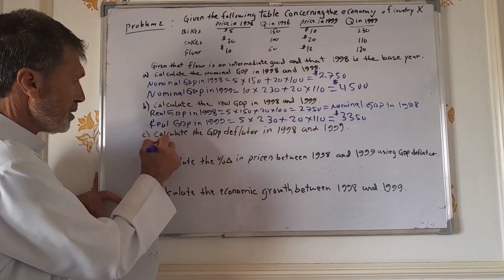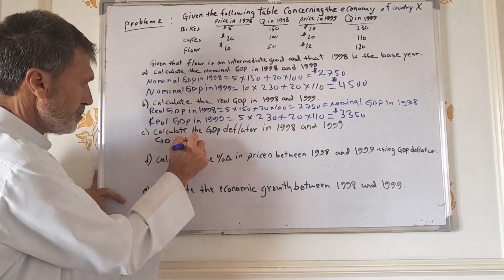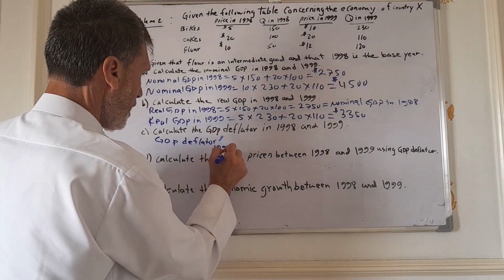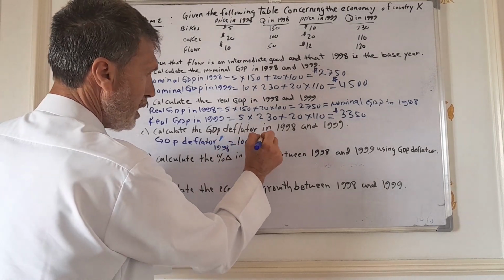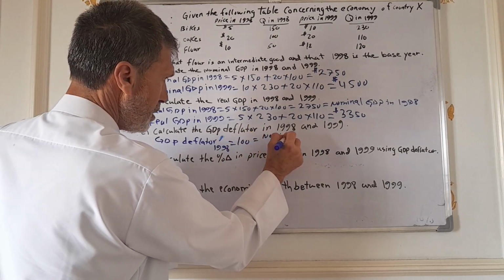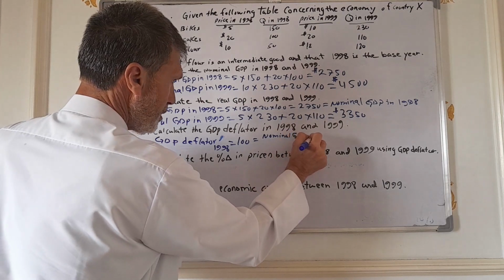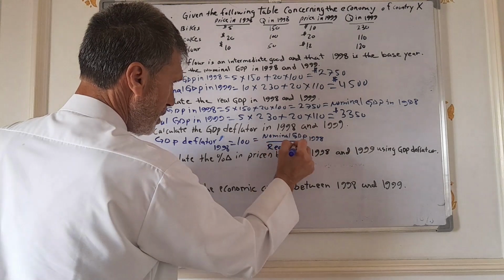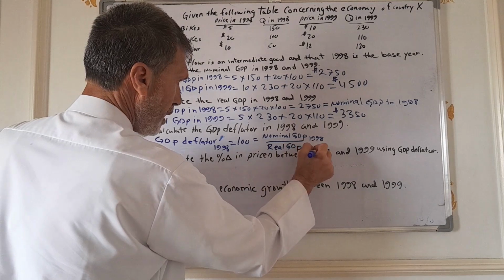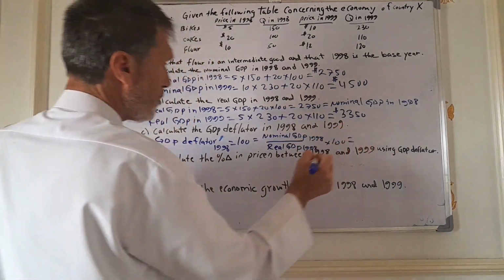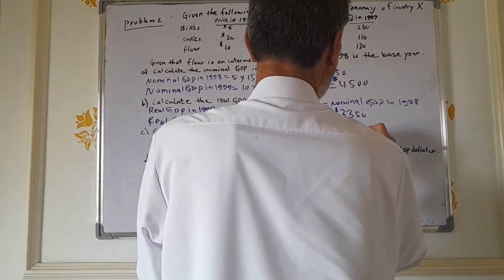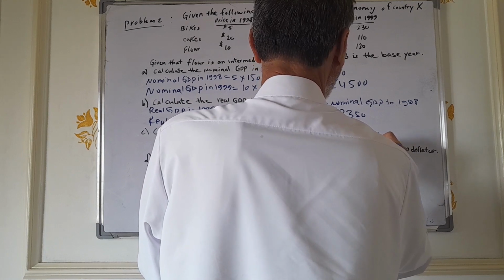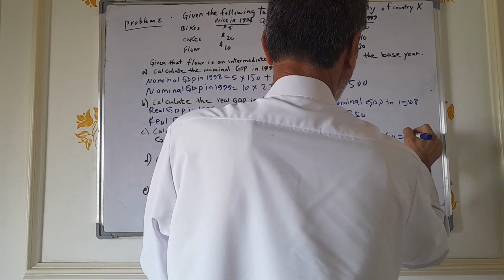So GDP deflator in 1998 is going to be equal to nominal GDP 1998 over real GDP 1998 times 100, which is 2,750 over 2,750 times 100, which is equal to 100.